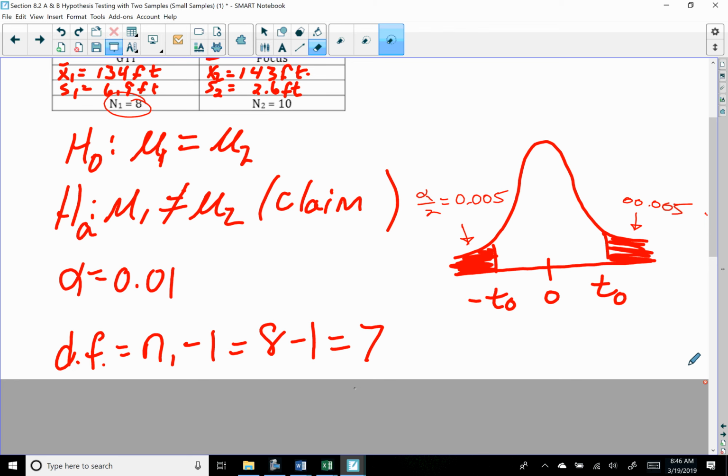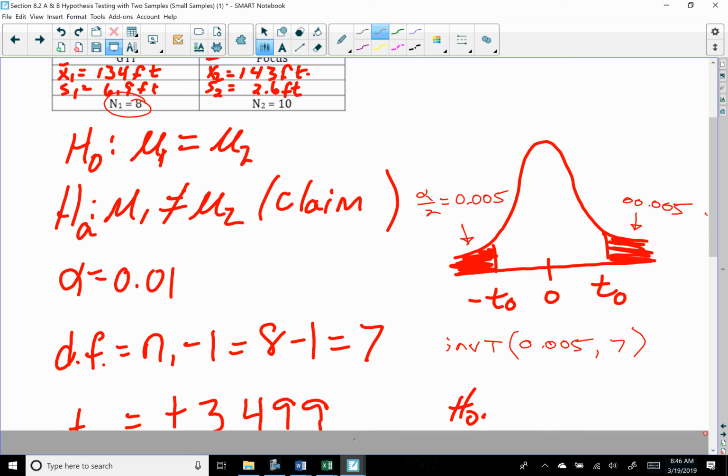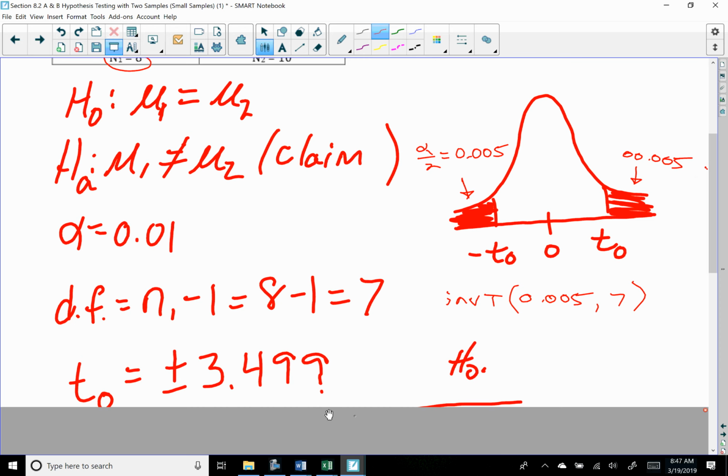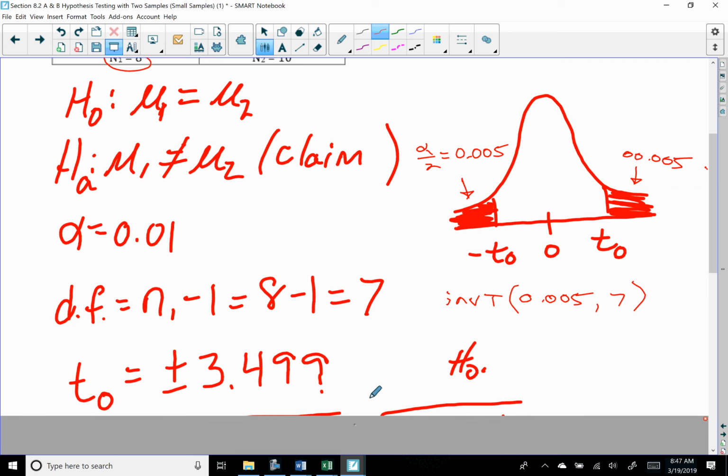So I can find my critical values by saying inverse t and an area of 0.005, degree of freedom of 7. And in doing so, t naught is plus or minus 3.499, roughly plus or minus 3.5.